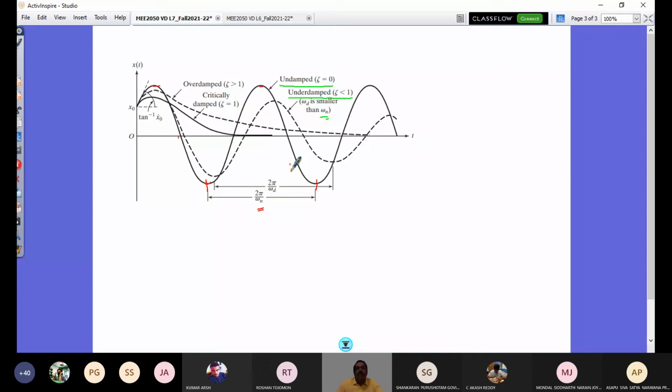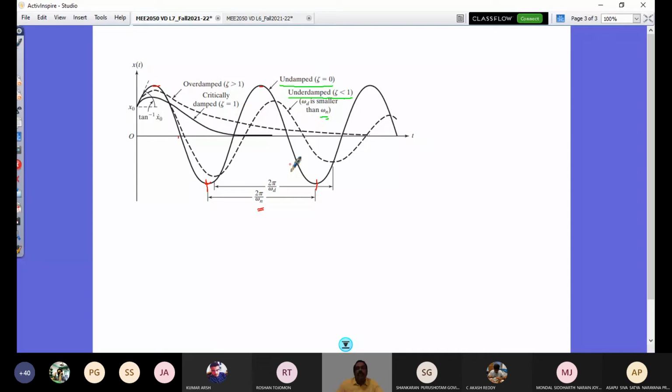And you see here, interestingly, what is omega d t2? I can rewrite this as omega d times t2, where t2 is t1 plus the time period tau d.